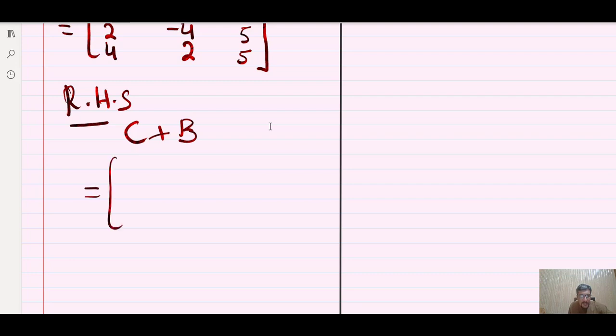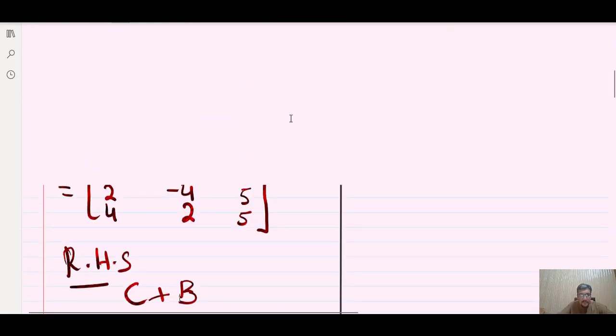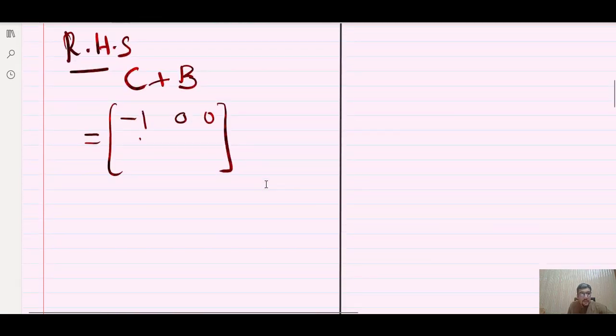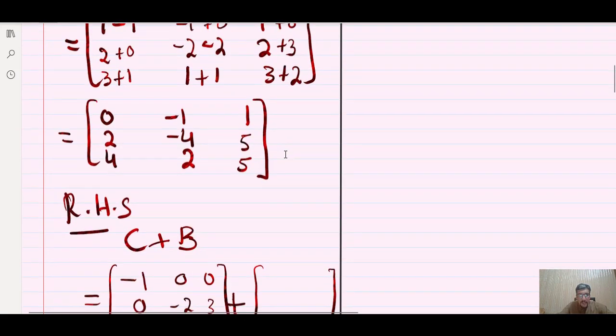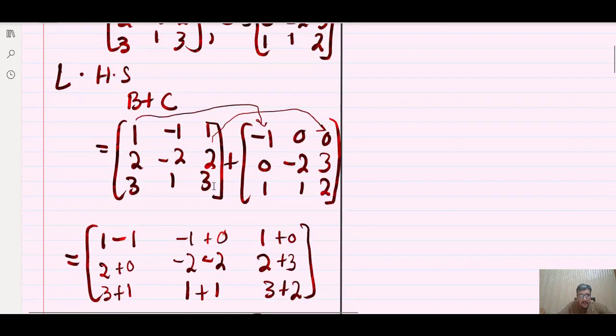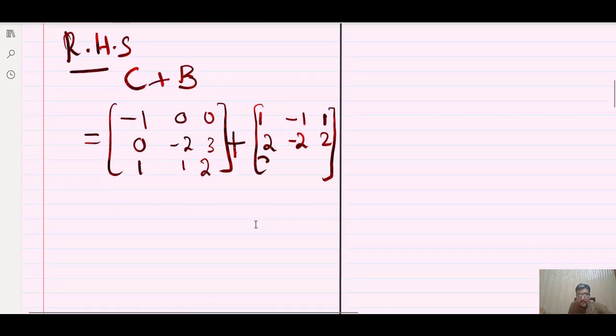So the C matrix is given, that is minus 1 0 0, 0 minus 2 3, and the entries of the third row are 1 1 2. You have to add here the B matrix, and the entries of the B matrix are 1 minus 1 1, 2 minus 2 2, and the third row is 3 1 3.